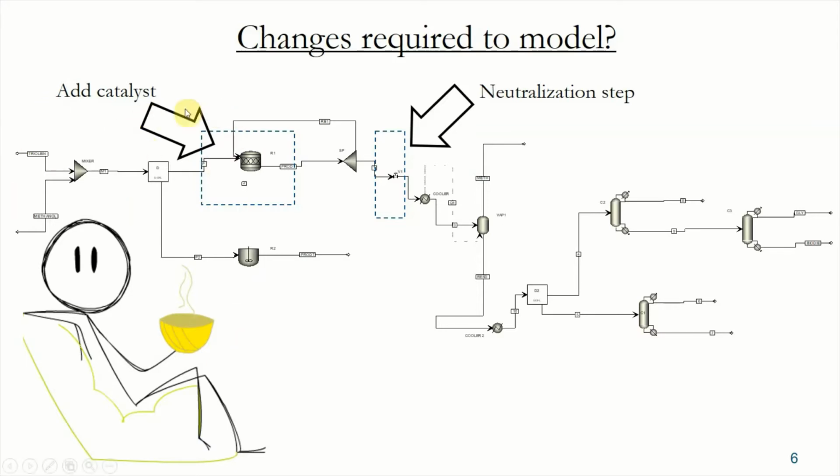Now I will encourage us at this juncture to try to introduce the catalyst before the mixer, right? So decide for yourself. You're using a low grade or a high grade oil, right? You introduce the catalyst before the mixer, and introduce a neutralization step just after the reaction step, right?